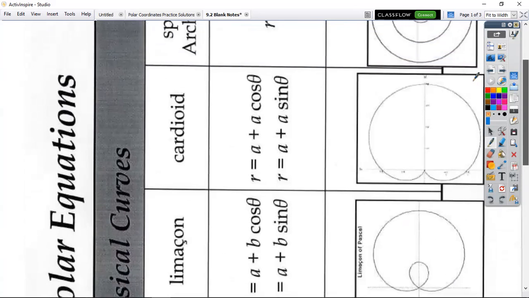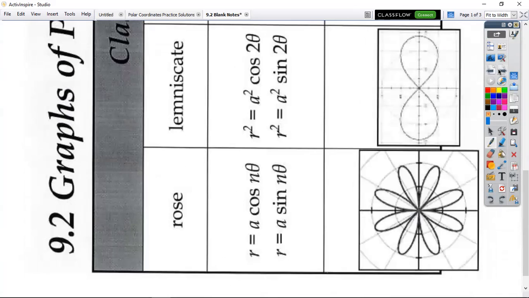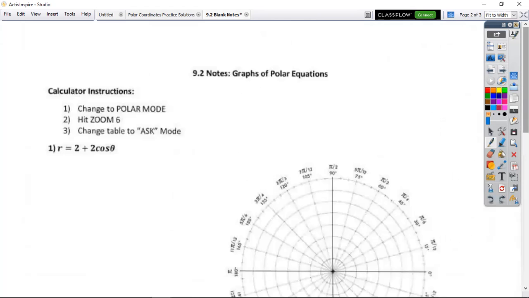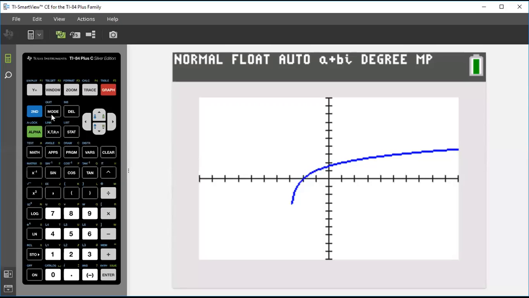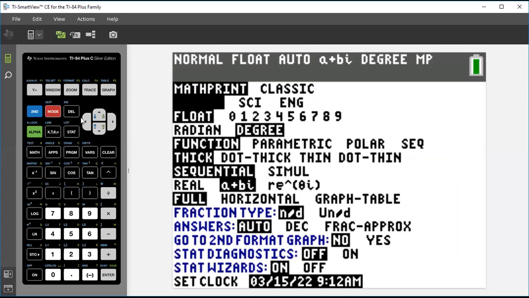Okay, so first thing we're going to do is turn your calculator to polar form. On your graphing calculator, you are going to hit mode, and you are going to go down and select polar instead of function mode.